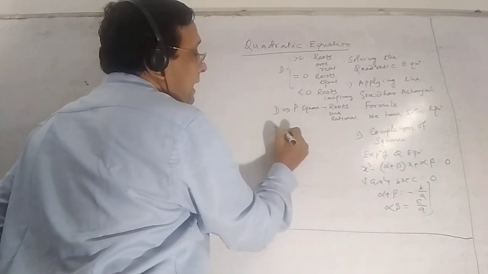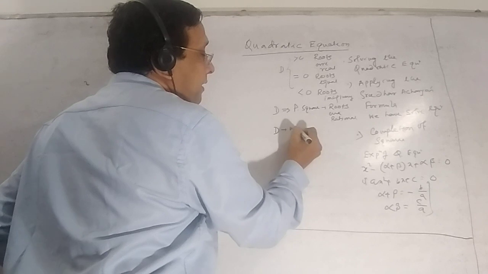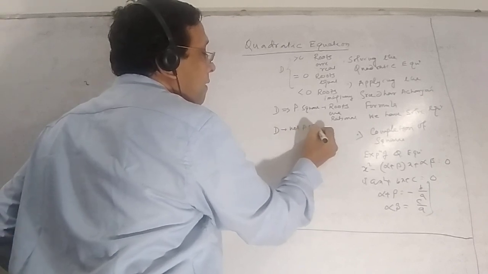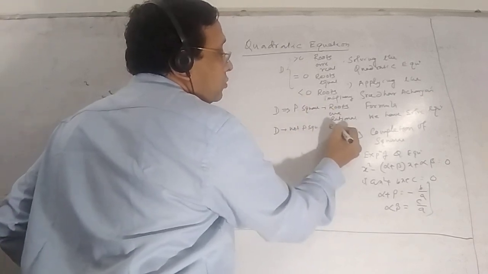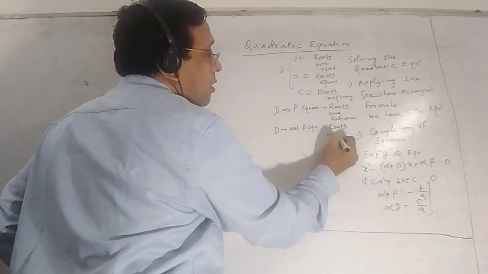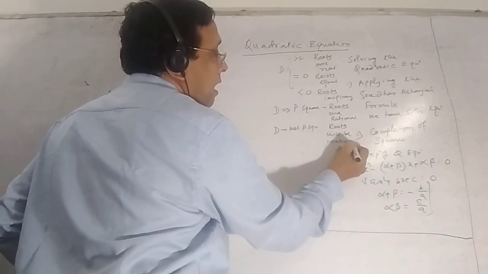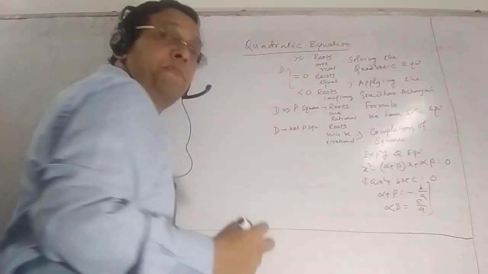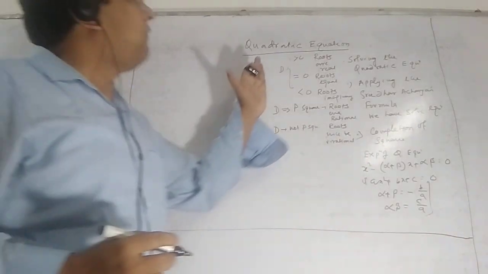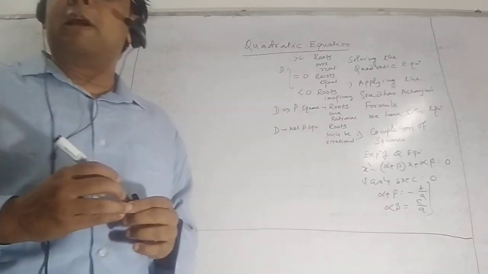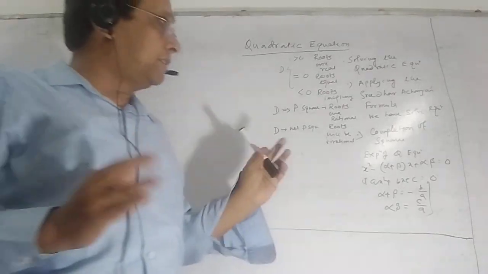If D is not a perfect square, then the roots will be irrational.